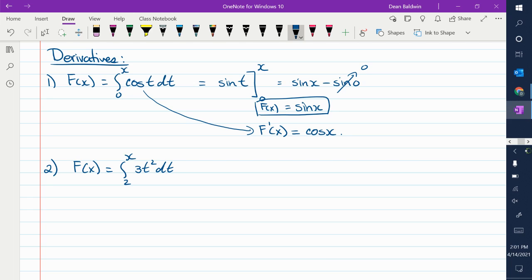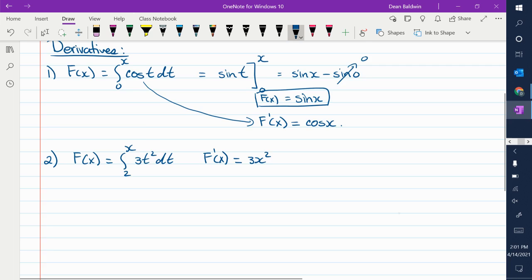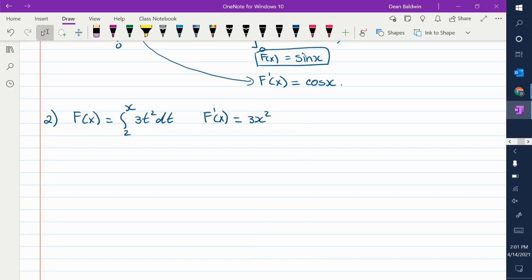So I gave you that. And I said, what's f prime? There you go. Okay? Now, you can just dump it in without even thinking as long as the top one is x.